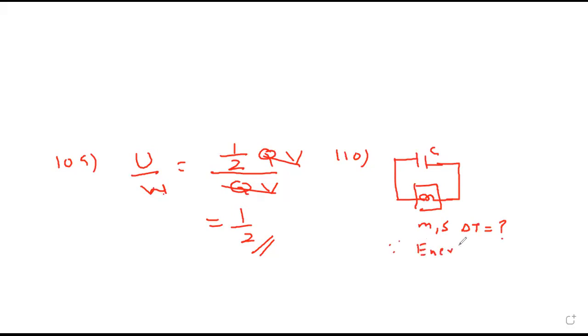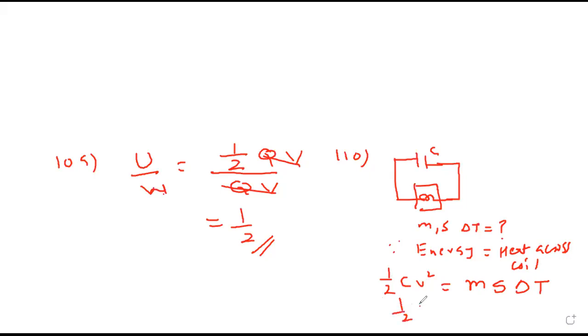Energy dissipated by the condenser is heat across the coil. So half CV square is the energy dissipated, heat is mass into specific heat into change in temperature.